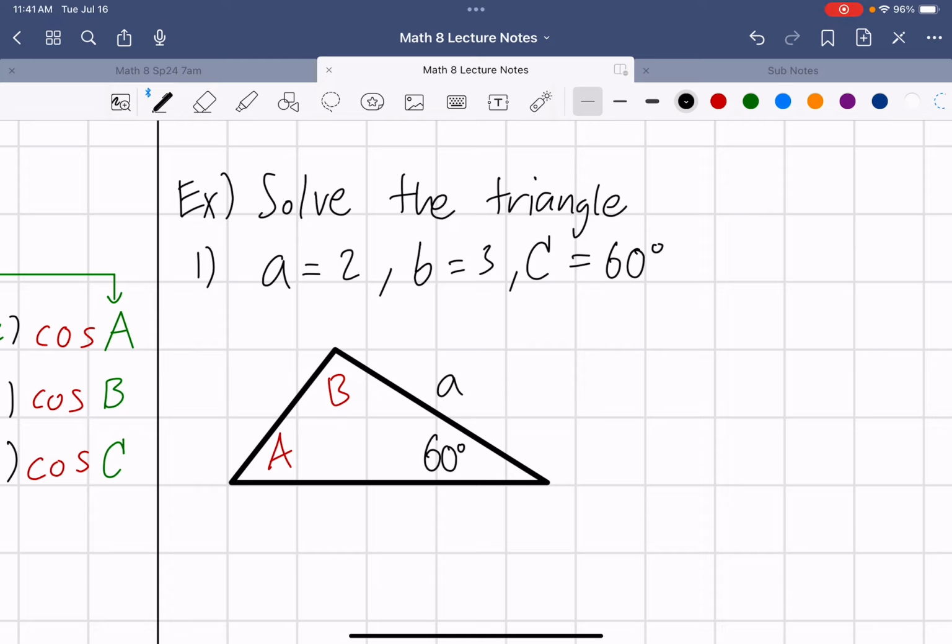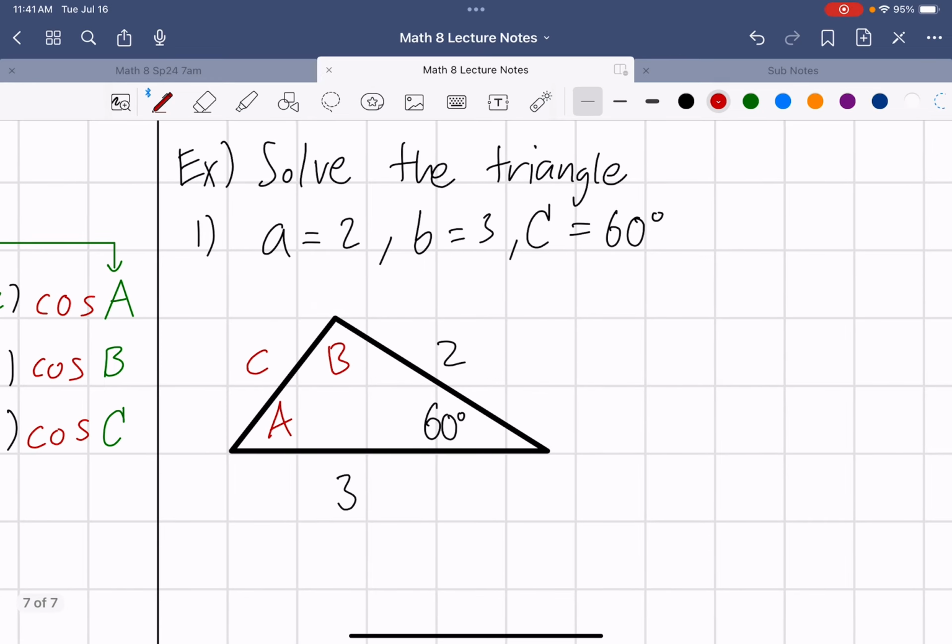And then we have, A is 2, sorry, B is 3. And we don't know side C. Now, this is where law of sines would not work, because if you look at each pair of angle and side, we don't have one.